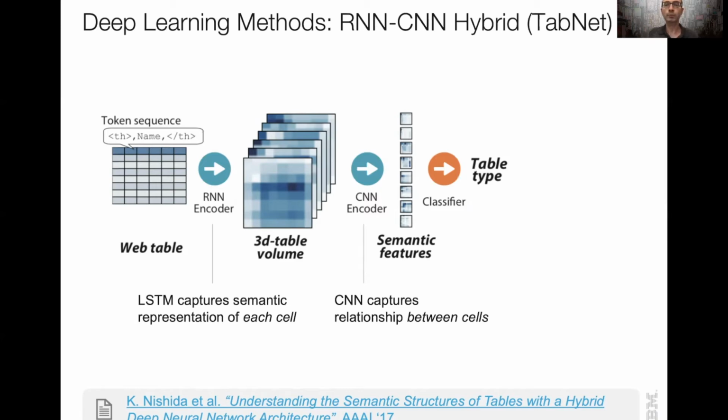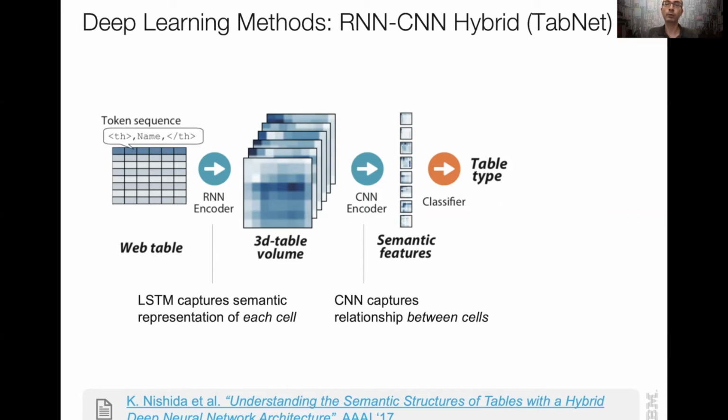The intuition behind it is the following. If we look at the deep learning literature, we can see that RNN models have traditionally worked well for text, while CNN models have traditionally been used in image processing. So if we look at tables, if we look within a cell, we will see that it is composed of text.